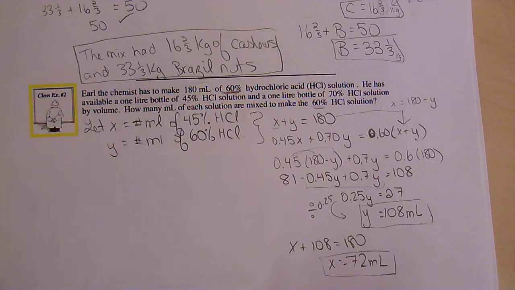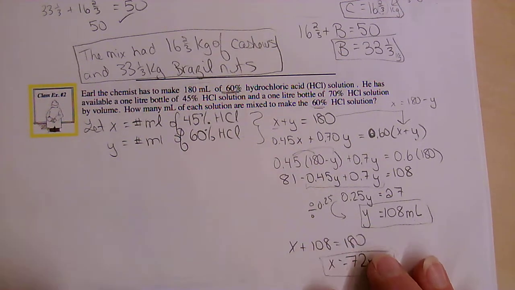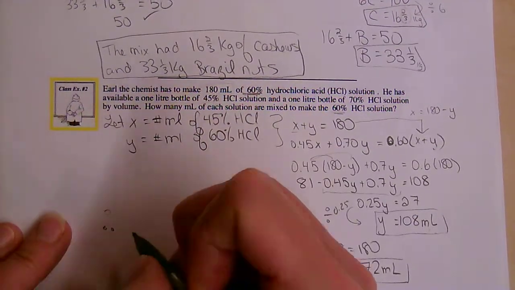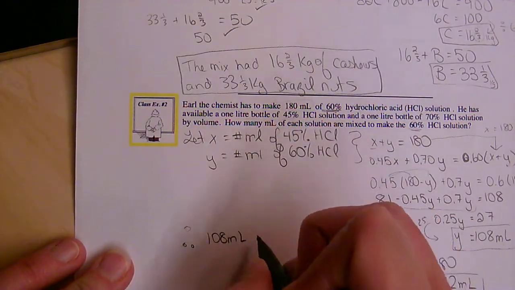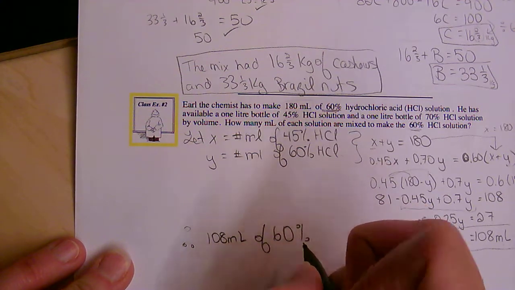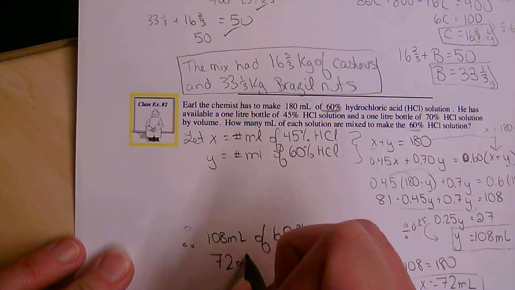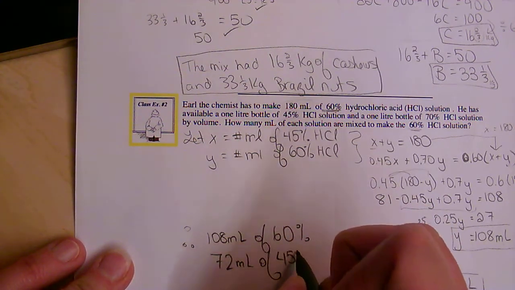Okay, and then you would also do your check, make sure left side is equal to right side. But in the final answer, at least, you would say you would need 108 milliliters of the 60% and 72 milliliters of the 45%.